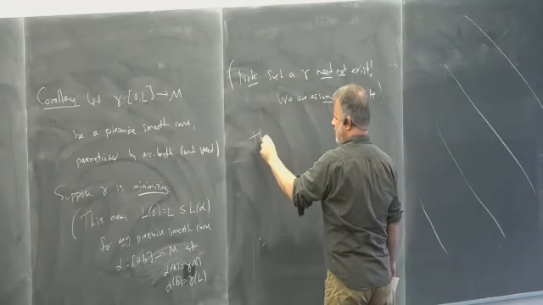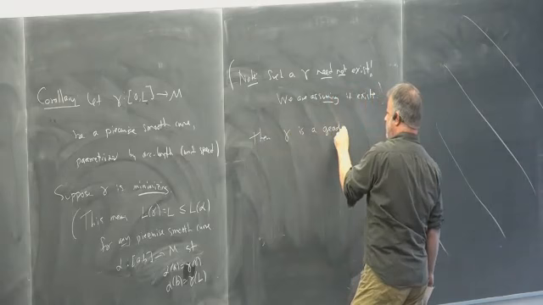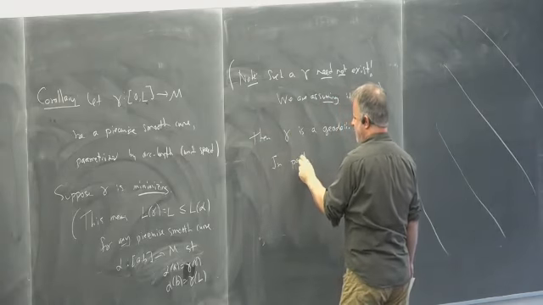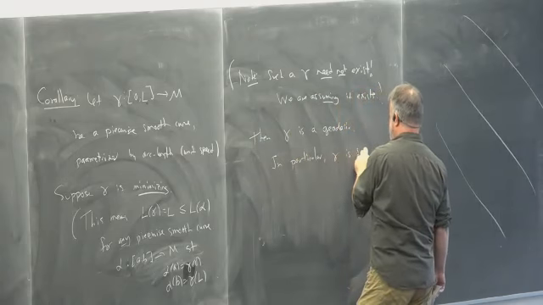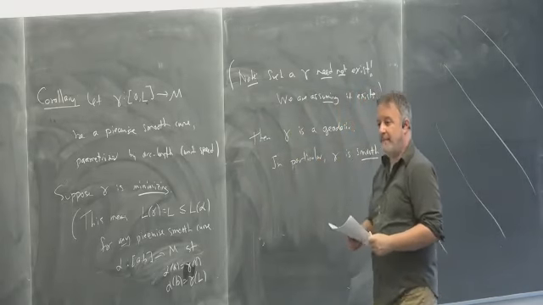Okay, so then gamma is a geodesic. In particular, gamma is smooth. It's not just piecewise smooth. It has no jumps in its velocity.